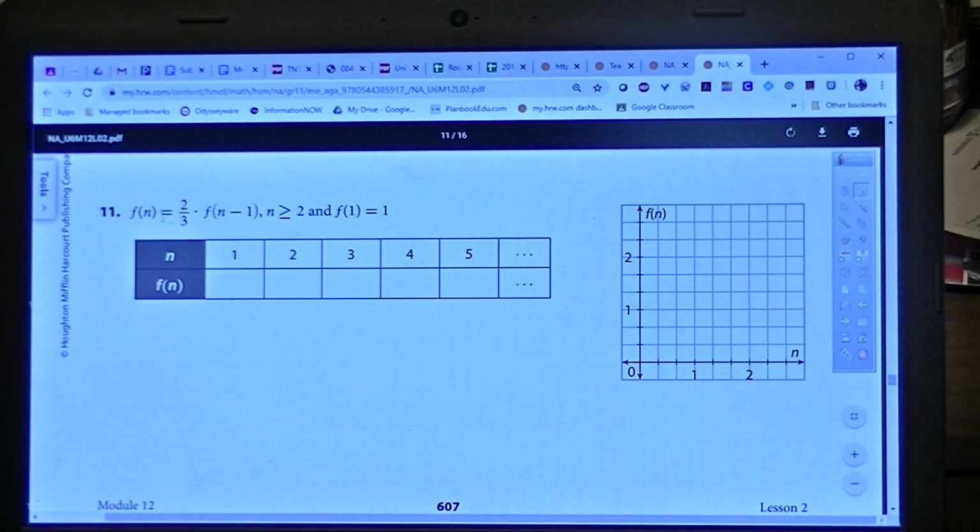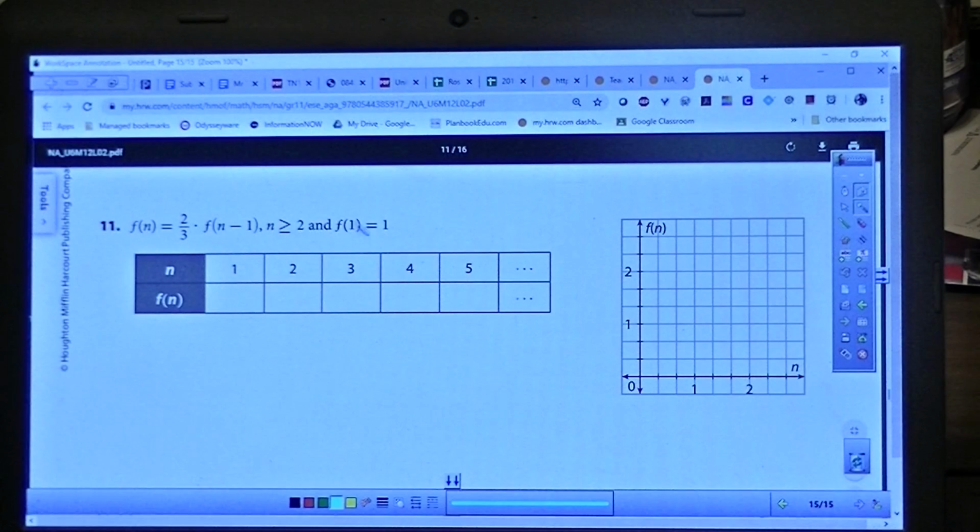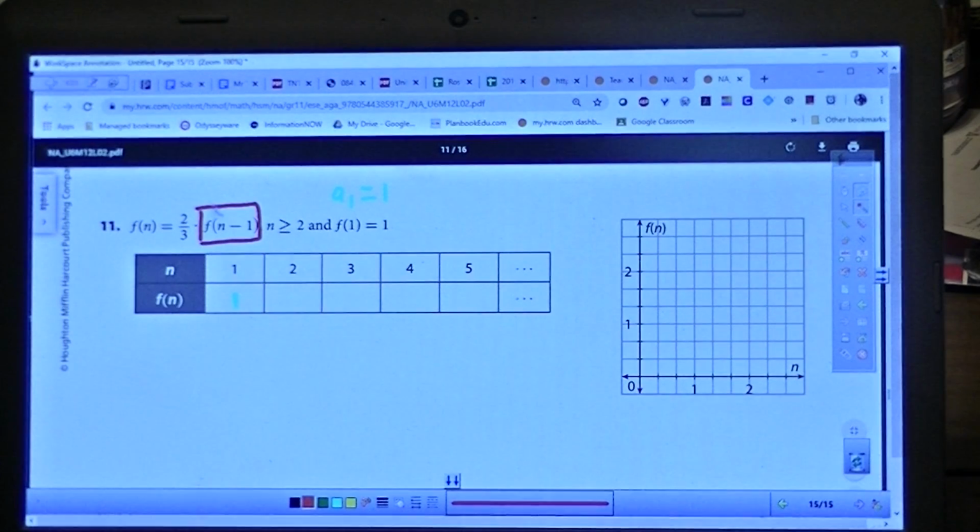Here we go. Here's number 11. So what's this telling you? A sub 1 equals 1. So this is a 1 here. Oh, I should have done that in green like I'd done before. Oh well. Okay, and again, what does this mean? Previous term.